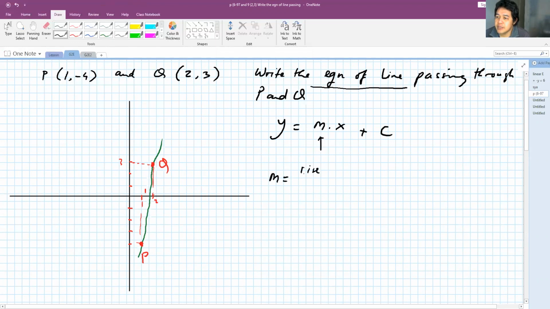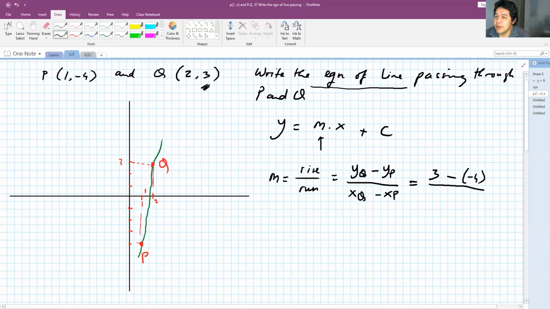Basically, it's rise divided by run, or in this case, we can just write down the y of Q minus the y of P divided by the x of Q minus the x of P. So in this case, we'll just plug in these numbers: 3 minus -4, divided by the x value of Q, which is 2, minus the x value of P, which is 1.